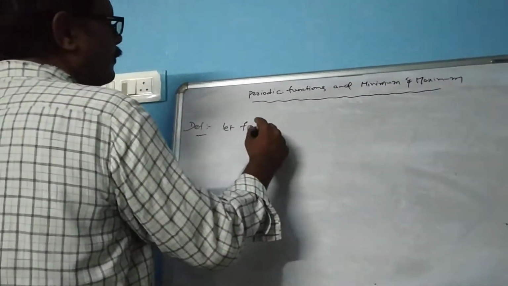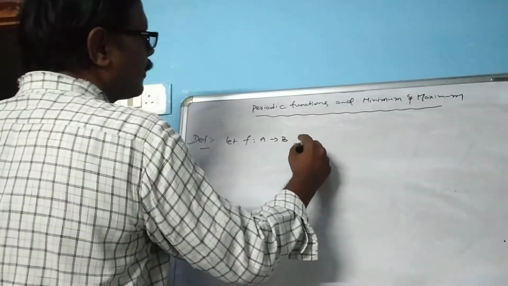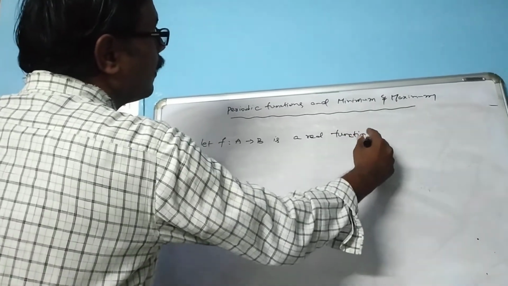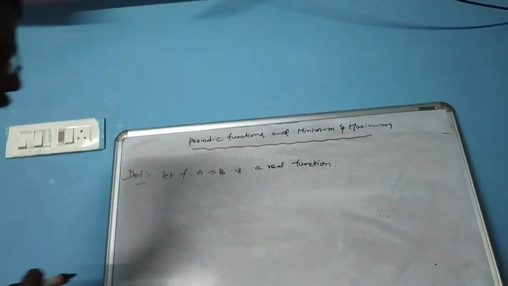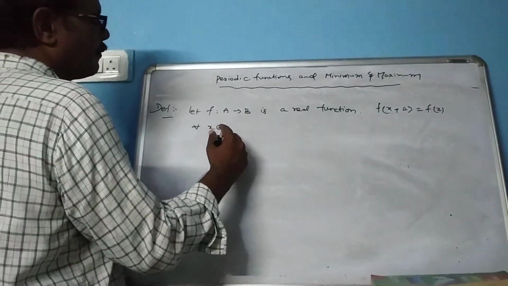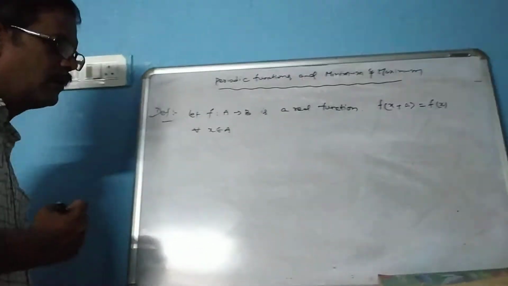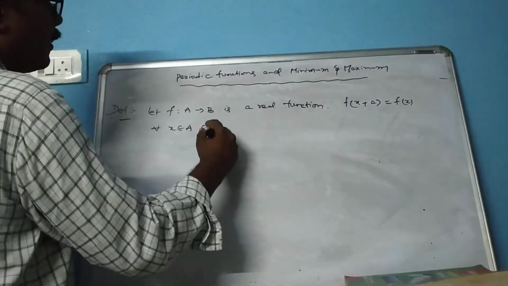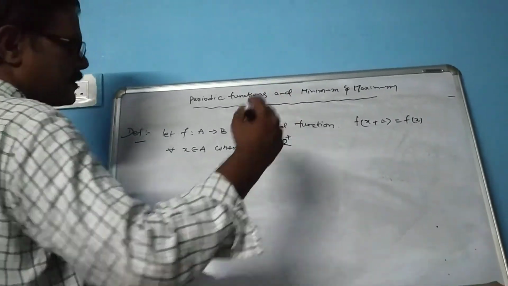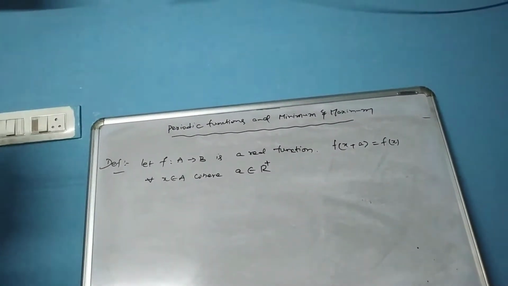Let f be a mapping from A to B, a real function. f of x plus a is equal to f of x for all x belonging to A, where a belongs to R plus, that means a positive real number.